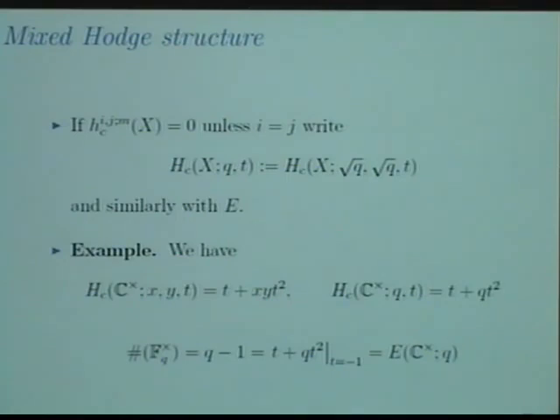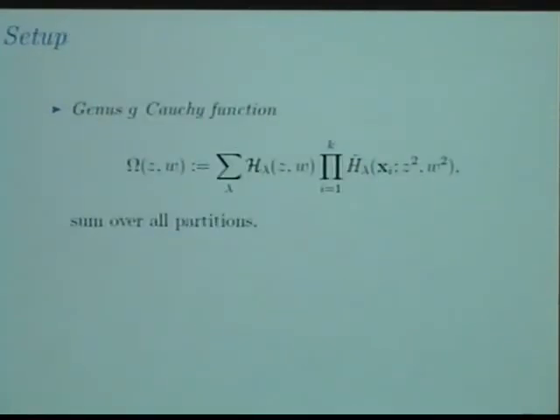Okay. Now, in order to be a bit more precise as to what it is that we've done, I have to introduce some more notation, and I apologize for the deluge of notation here. I'm leading towards a conjecture.